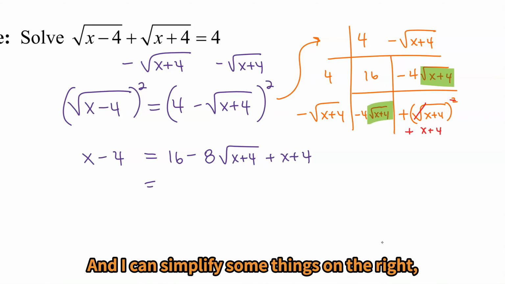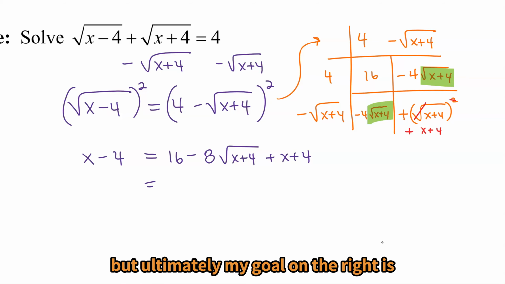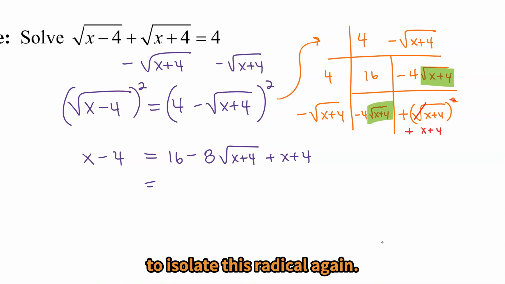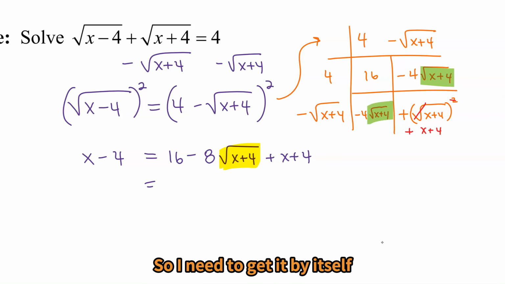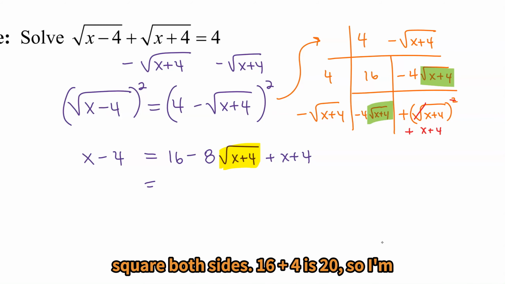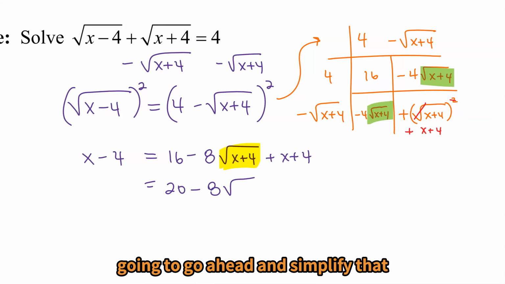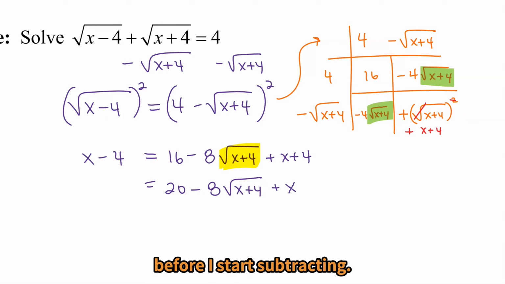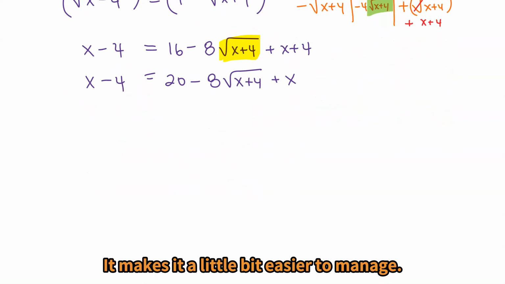I can simplify some things on the right, but ultimately my goal is to isolate this radical again. I got rid of one radical, and now I only have one, so I need to get it by itself so that I can do this process again and square both sides. 16 plus 4 is 20, so I'm going to simplify that before I start subtracting. It makes it a little easier to manage.